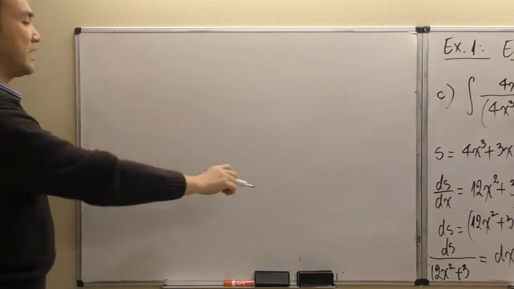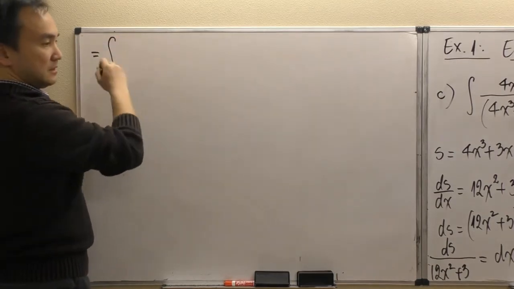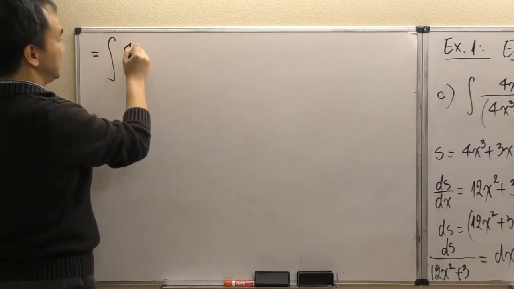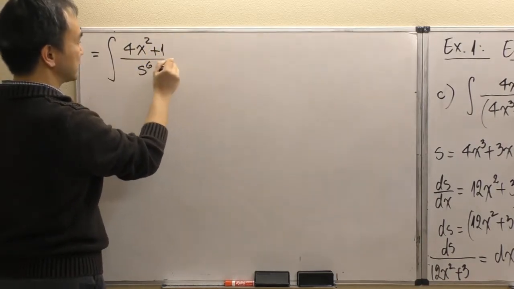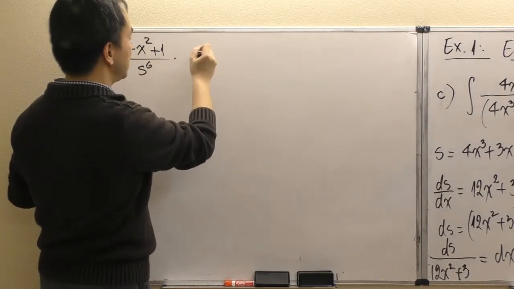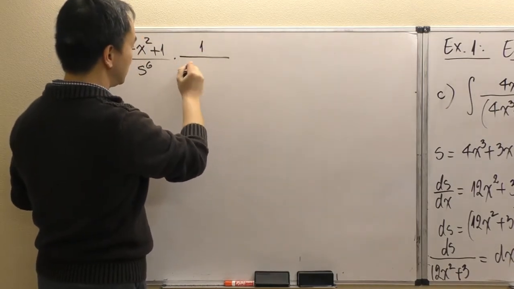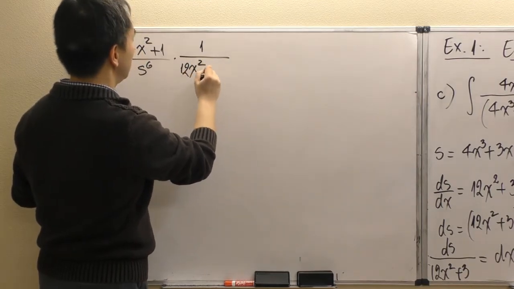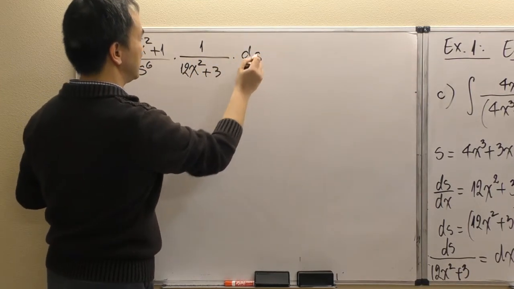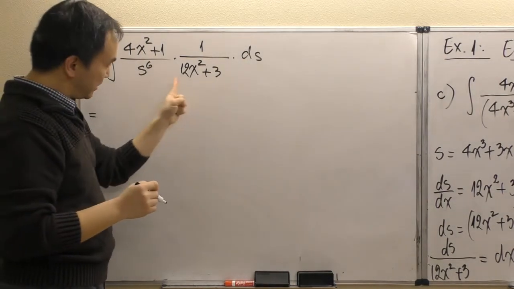All right, so with that current expression, I'm now going to have 4x squared plus 1 over s to the 6th multiplied with, what I see from my previous step, 1 over 12x squared plus 3 times the ds here. But now I can recognize further that there is a common factor of 3 in my denominator.